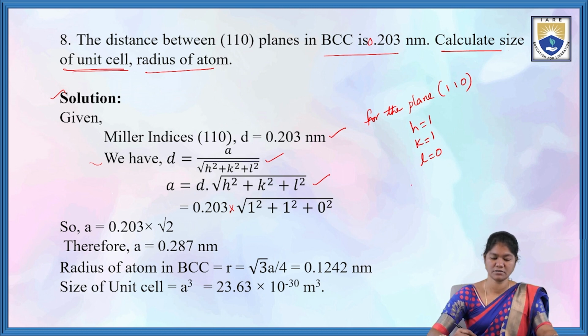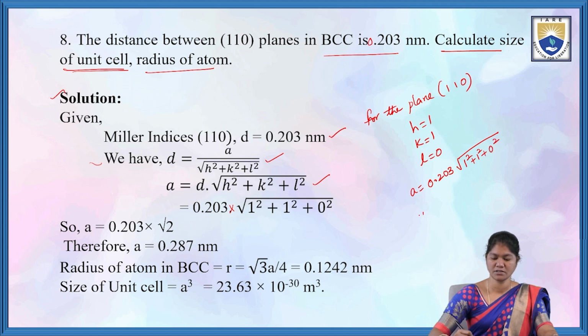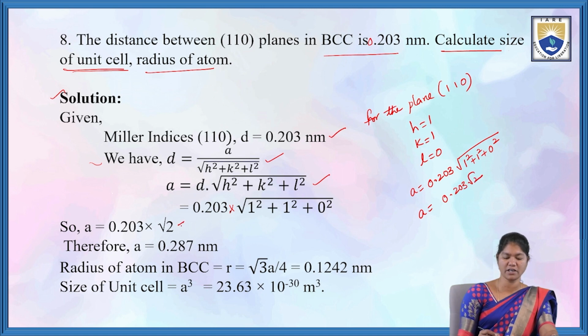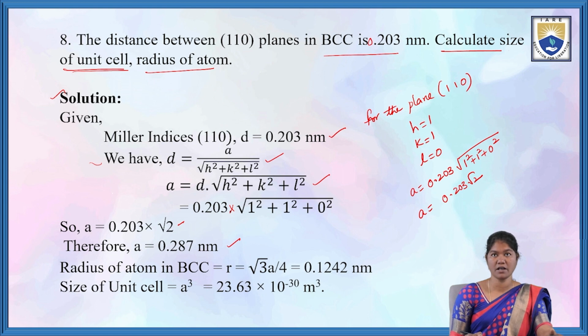So a is equal to 0.203 nanometers, that is the d value, times root of 1 square plus 1 square plus 0 square. So the a value is 0.203 root 2, which becomes 0.287 nanometers.